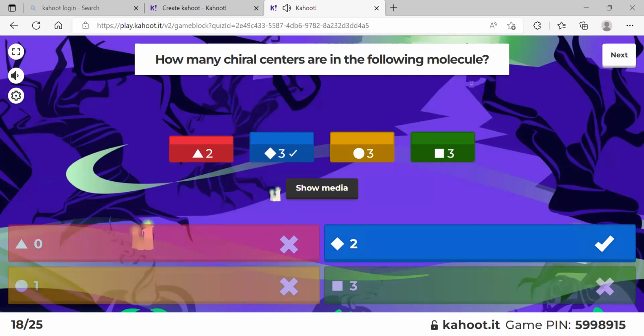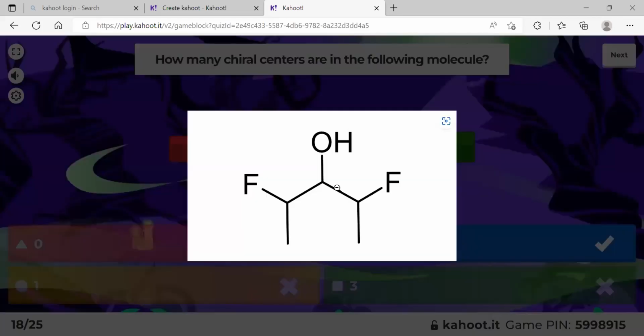Okay, I only see that 3 students got this. Let's go over the following question. Let me just take a moment to draw the molecule.